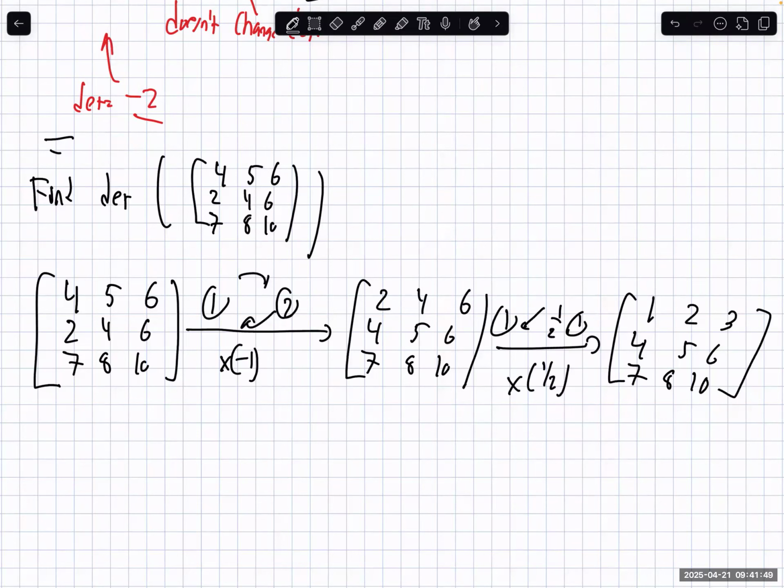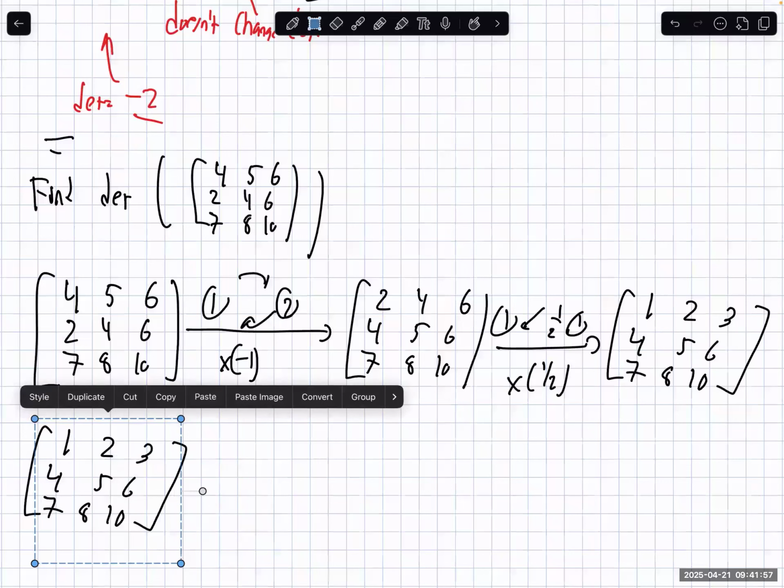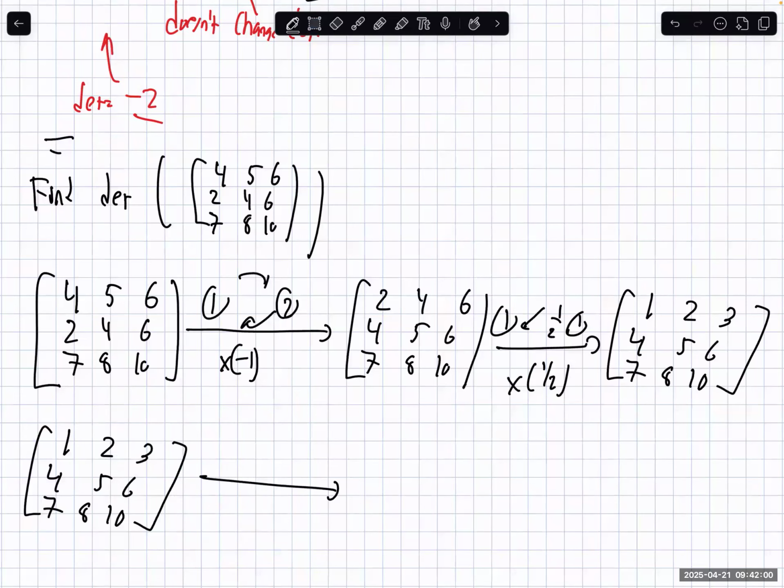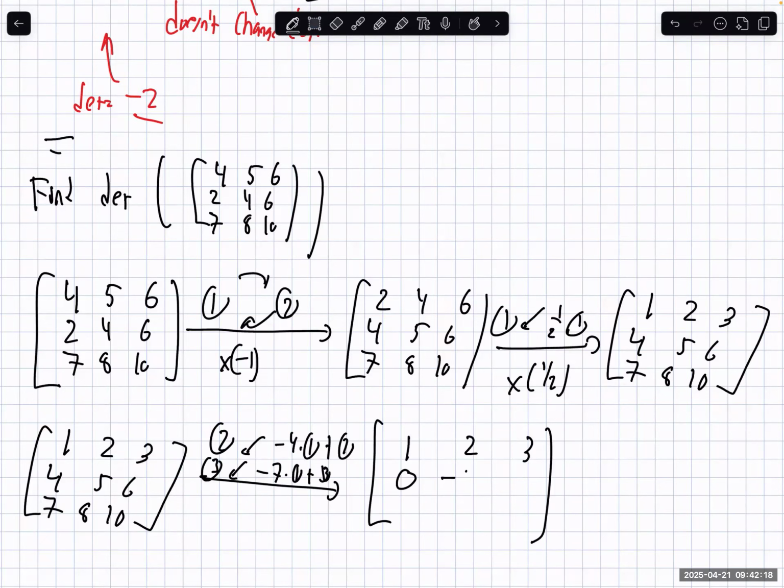And the determinant gets multiplied by a half. Okay, so then I'll take this one. I'll replace row 2 by -4 times row 1 plus row 2. Row 3 gets replaced by -7 times row 1 plus row 3. So -4 is 0, -3, -6, 0, let's see, -7, -14 is -6, and -11.